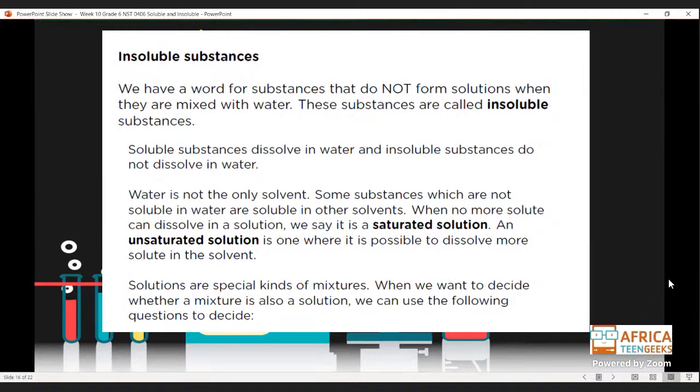Now, insoluble substances, when they're mixed with water, don't form a solution. Remember, we were doing a lot of discussion and experiments on mixing solutes and solutions. Why does it only happen with limestone? Well, limestone is a very soft material, a very soft stone.